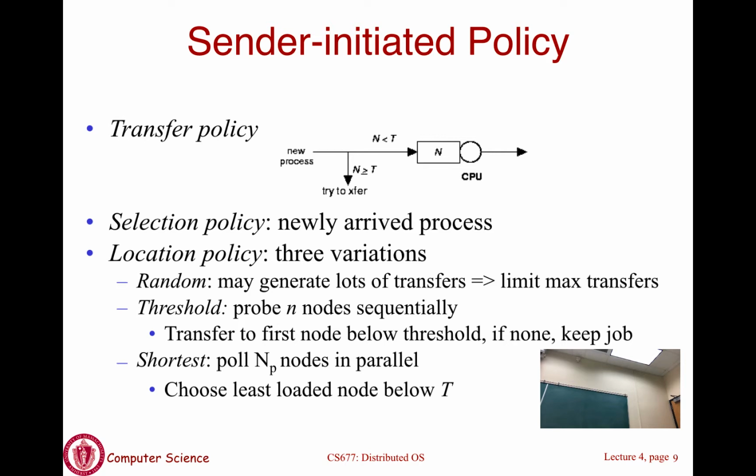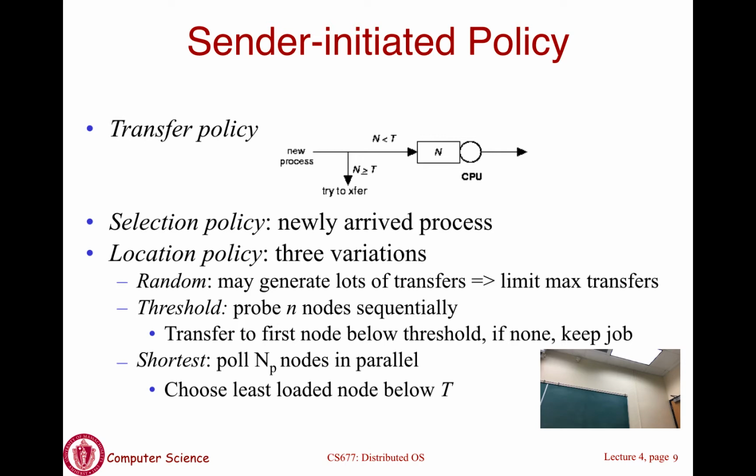Selection policy says, now that the load has exceeded T, which job should I move? There are n plus 1, that is T plus 1, jobs. You have to move one job out so that you are actually at T or below. Which one should I move? By definition, we will pick the newly arrived process because that process hasn't executed yet. The user has simply typed a command.